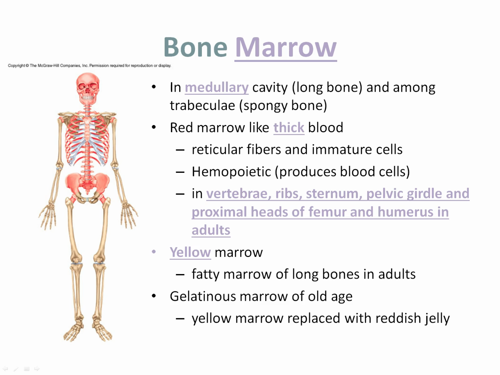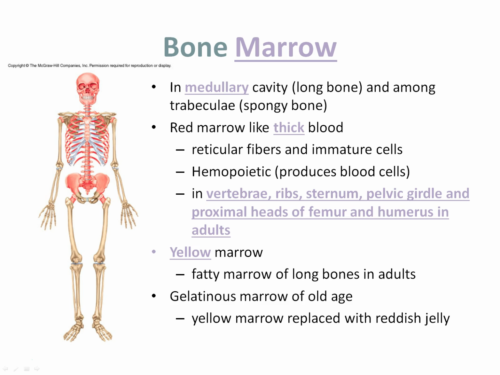Bone marrow is found in the medullary cavities of long bones and among the trabeculae in spongy bone. Red bone marrow is like thick blood, and it includes reticular fibers and immature cells. Bone marrow is hemopoietic.